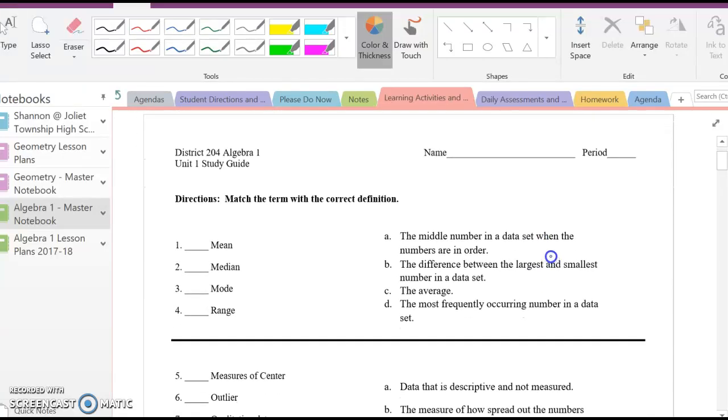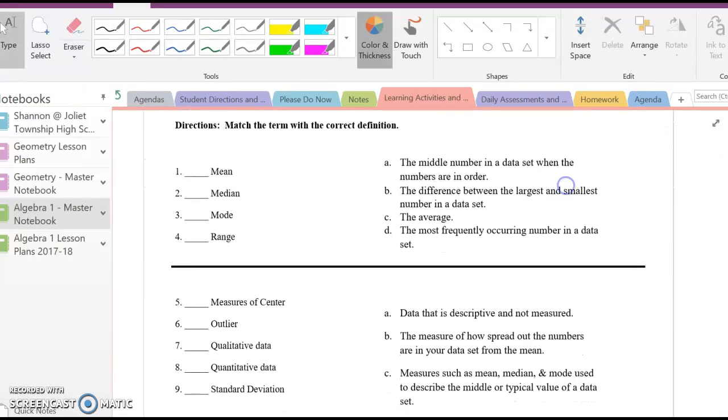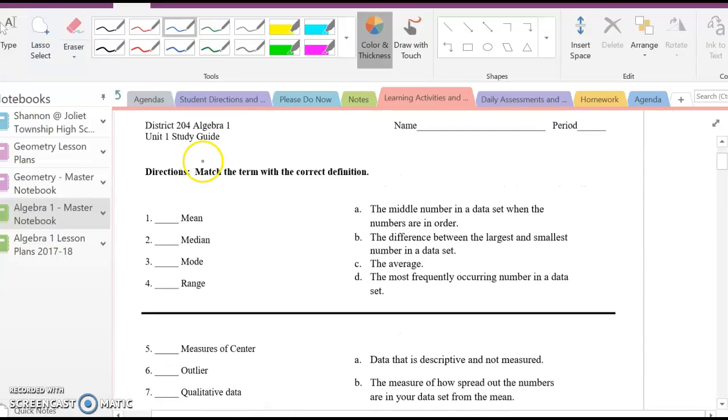Okay, so looking at the first 9 questions, they are vocabulary based. The first questions are broken into 4 questions with 4 choices, and then there are 5 questions below with 5 choices that go with them. Going down, your first 4 answers should have been, sorry, you'll notice sometimes I jump around on the screen a little bit, C, A, D, and B. That comes from mean being the average, which is literally the definition I gave you.